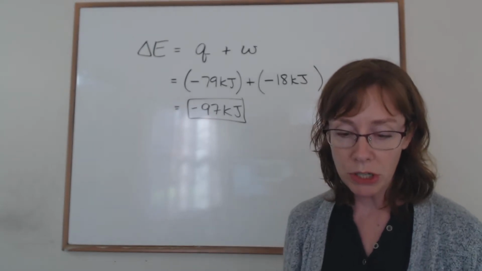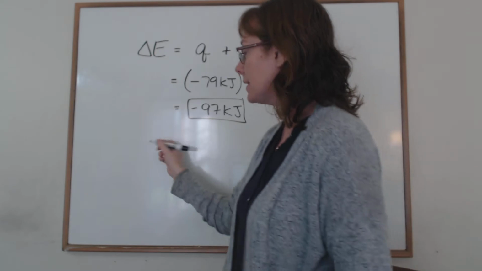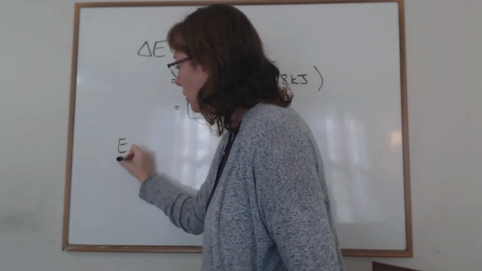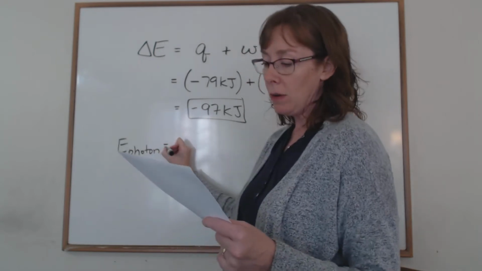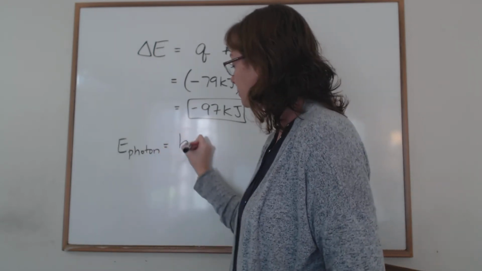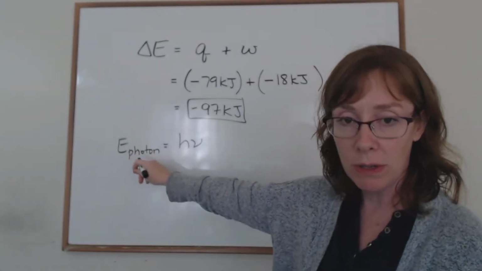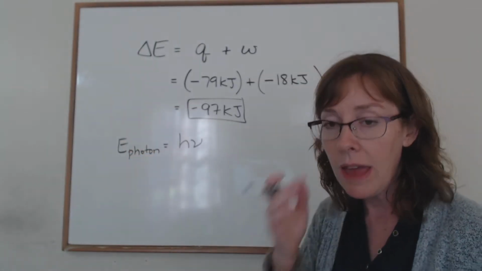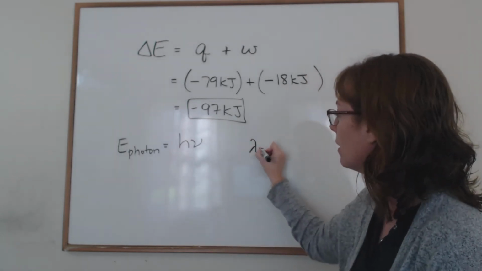So question number 2, calculate the energy of a photon of light. As soon as I see that, I immediately think of this equation. E photon equals Planck's constant times frequency. So I'm trying to find the energy of a photon of light, and they've given me a wavelength. So 900 nanometers is the wavelength.